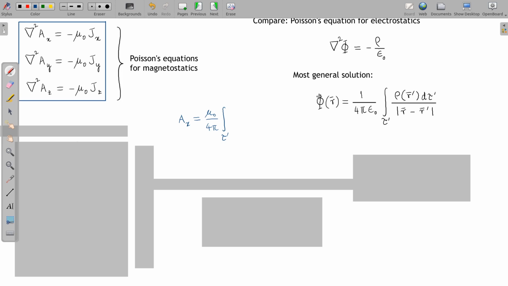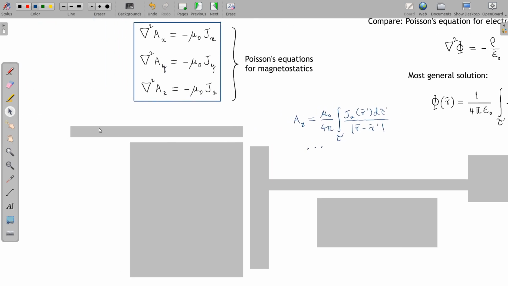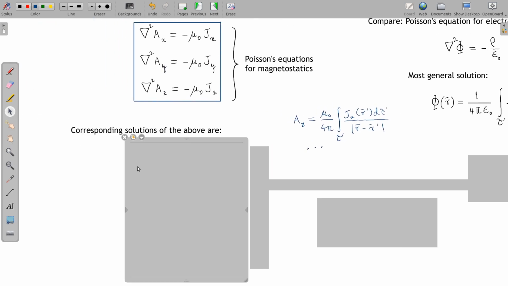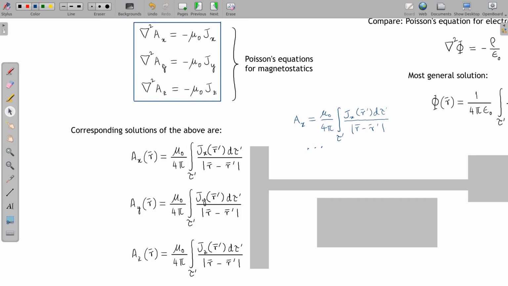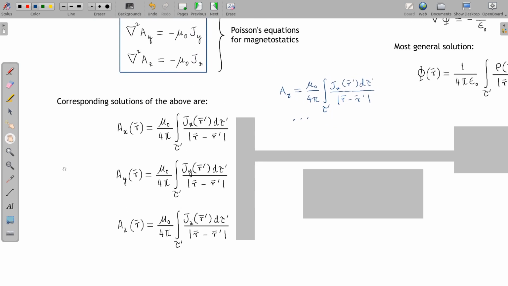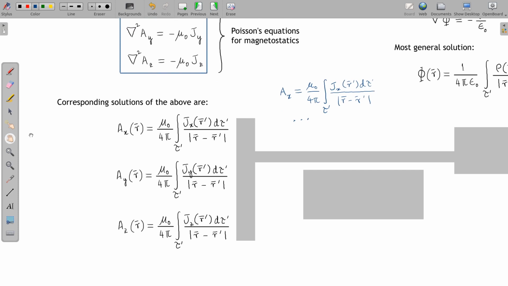Instead of rho, we replace it with the corresponding current density, which is jx at position r prime, d tau prime, and in the denominator will be the same separation vector, modulus r minus r prime, and so on for the other ones also. So the corresponding solutions will be this for Ax, this for Ay, and this for Az.